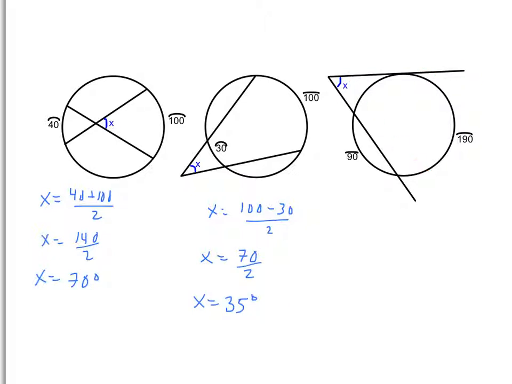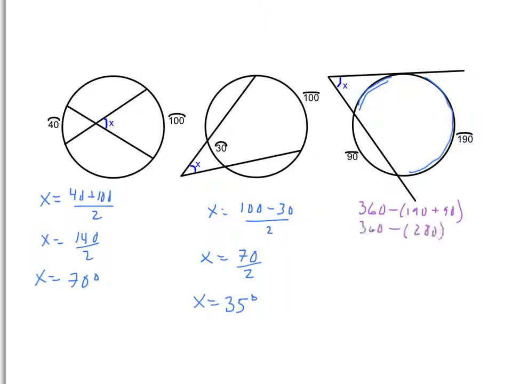The next one's a little bit more involved. So you have one tangent and one secant, and it's still going to be the same idea of far minus near, but we don't know the arc measurement of the near yet. But we can figure it out because the whole circle's 360, and we got 190 here and 90 there.